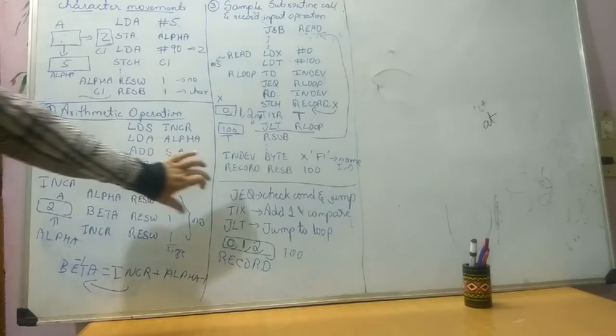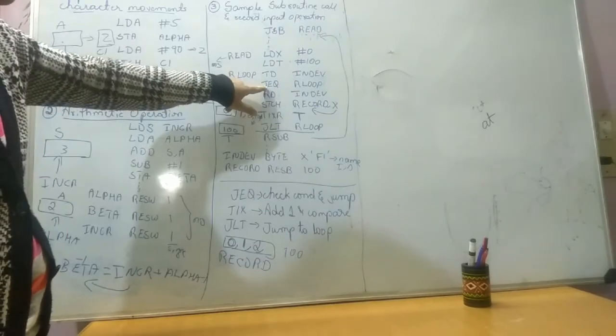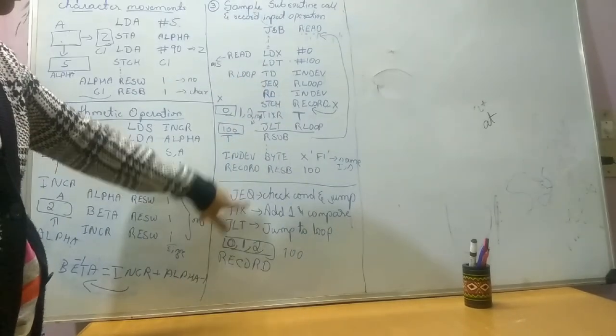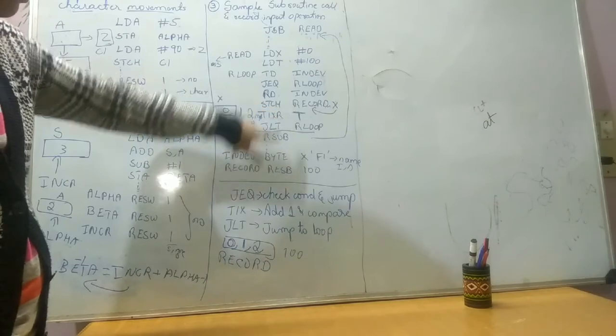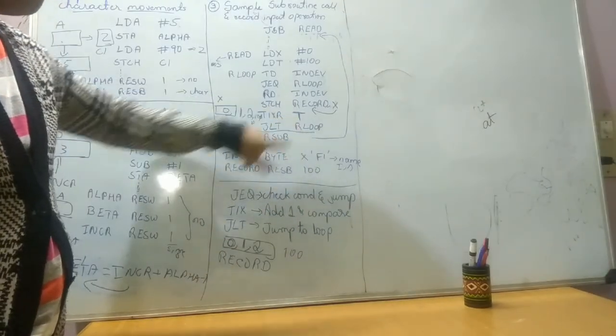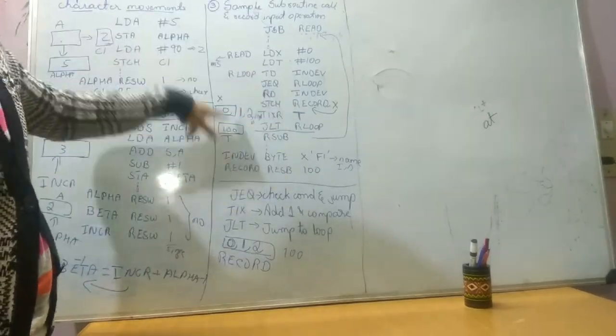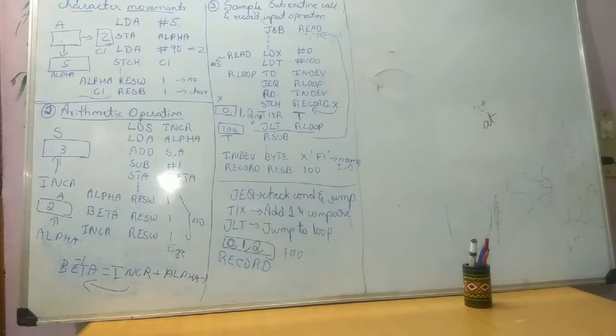So understand here: JEQ indicates check the condition and jump, TIXR is increment and compare. We are comparing with T, and jumping to the loop. So this loop will continue here.